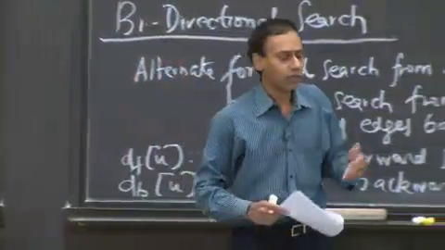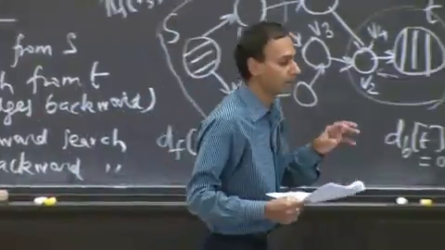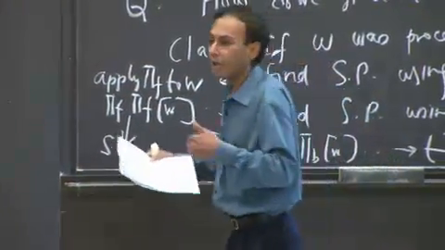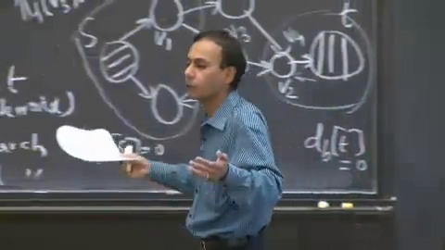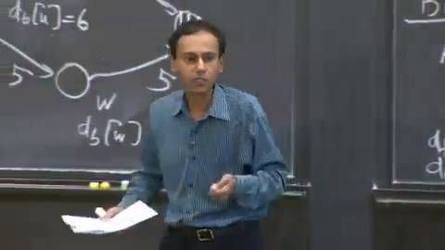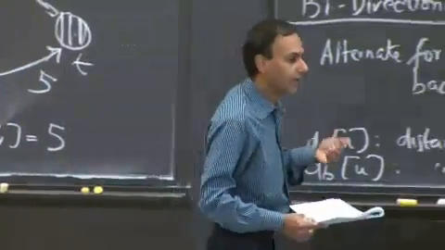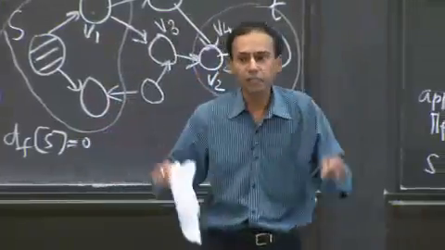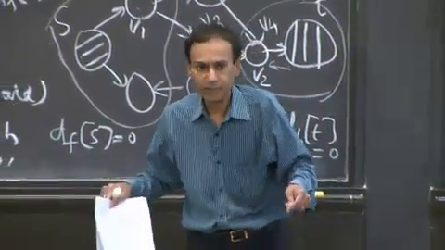It was only of length 2. And so when the frontiers collide, this is the subtlety in the algorithm. The frontiers collide at some vertex regardless of the weights of the edges. Because we're alternating the forward search and the backward search, in effect, the frontiers are going to collide on the shortest length path, right? That makes sense.